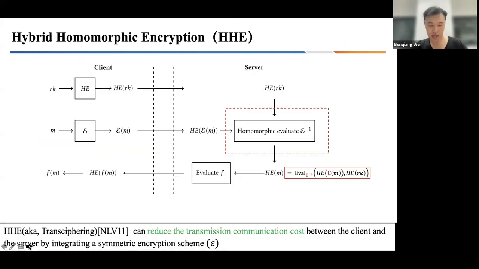An effective solution to solve FHE ciphertext expansion is to use hybrid homomorphic encryption. It is also called transciphering.